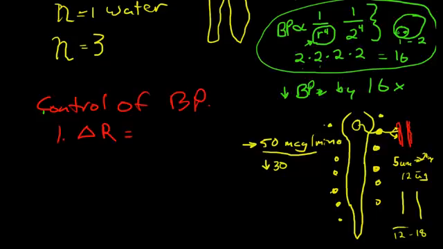This change is about a 50% change, and a 50% dilation of a vessel is going to dramatically decrease blood pressure. Remember, it's an inverse relationship. In fact, if you do the math, 1.5 to the fourth power comes out to be about a factor of 5. So just a simple 50% increase in vessel size is going to decrease blood pressure by a factor of 5.